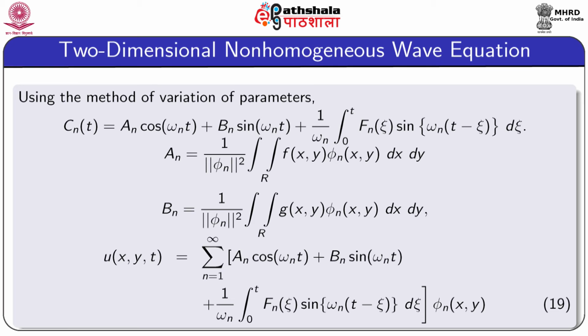Here we obtain this solution using the method of variation of parameters. In this method, we first write the solution Cn(t) in the form An cos omega n t plus Bn sin omega n t. Then we vary the parameters An and Bn. That means assuming An, Bn as functions of t, we then derive the solution in this form.